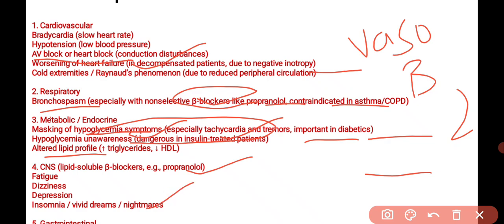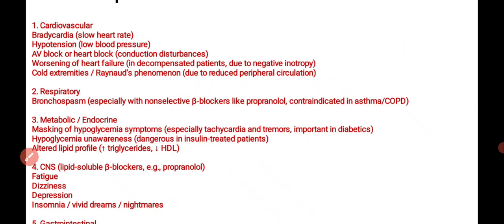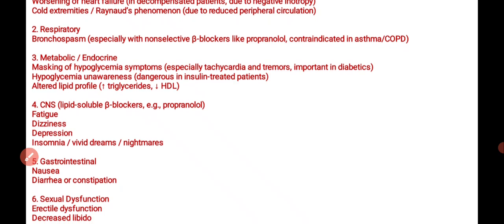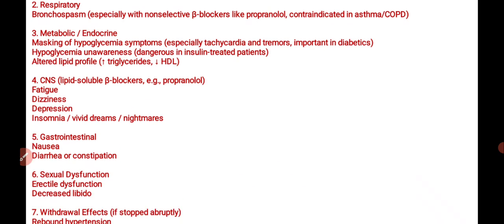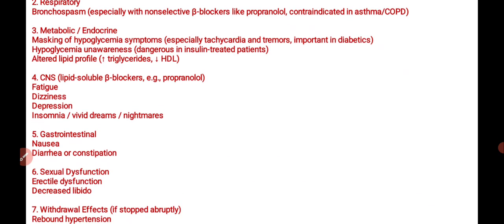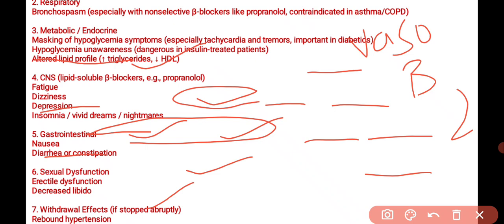Because of the dilation of the GI muscles, it causes constipation. It also causes erectile dysfunction, because vasodilation is necessary for proper erection. If it blocks the vasodilatory effects of the beta receptors, it causes erectile dysfunction as well.